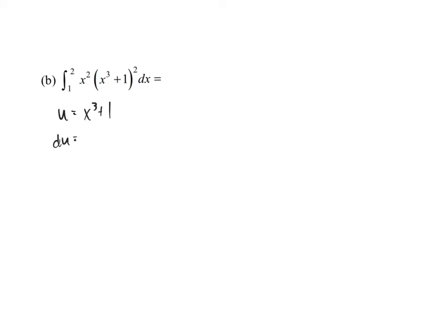And that means that du would be 3x squared dx. And on a careful look at this particular function, I see that I have x squared dx in the problem. The only thing I'm missing is the 3. So I'm going to fix that by doing a 1/3 du is equal to x squared dx.